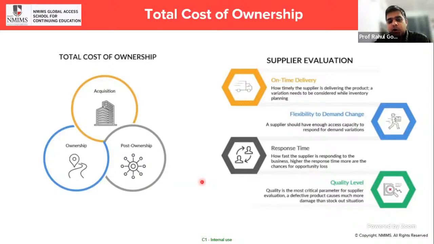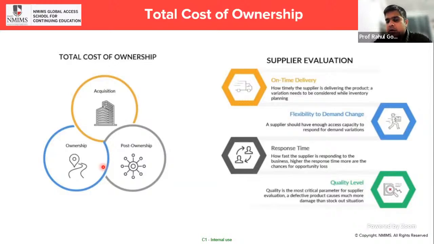One is called the direct acquisition, so how much you are spending to acquire the goods from that particular supplier. Are you spending extra on transportation? Are you spending extra on logistics? Are you spending on the supplier's behalf on inventory responsibility? What is the ownership taken by the supplier?